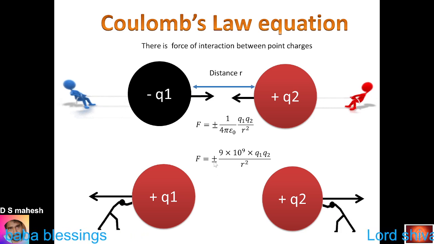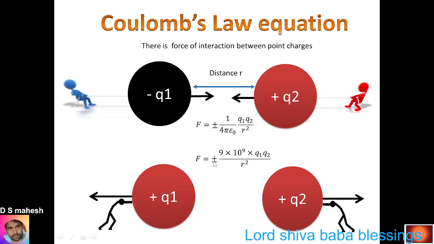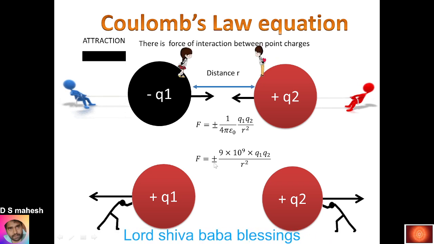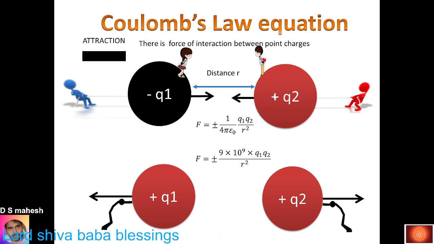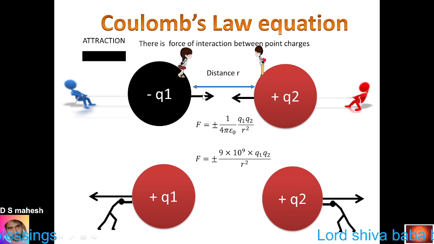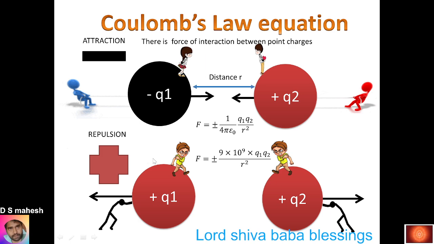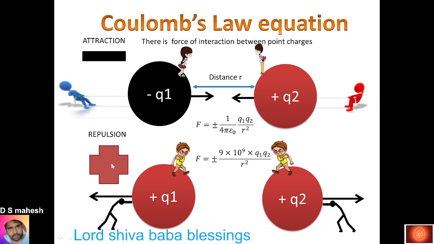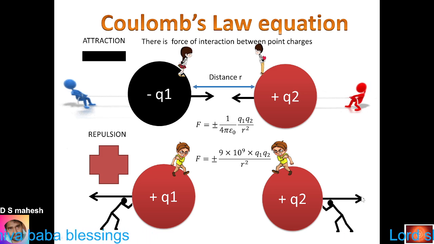Now here the plus or minus indicates the type of force, whether it's a force of attraction or a force of repulsion. So if you look over here, if the charges are unlike charges, then there is a force of attraction, so it should be pointing inside. And if the charges are like charges, then the sign would be positive, indicating that the force is acting outwards.